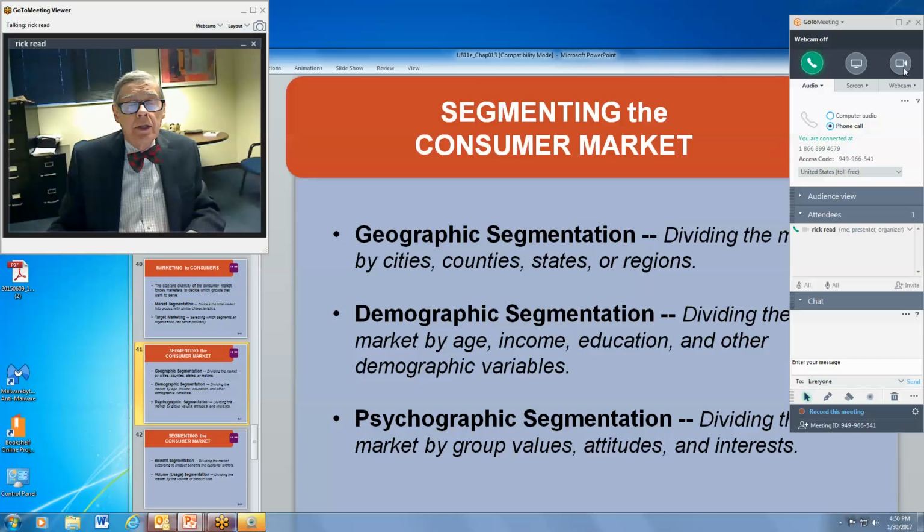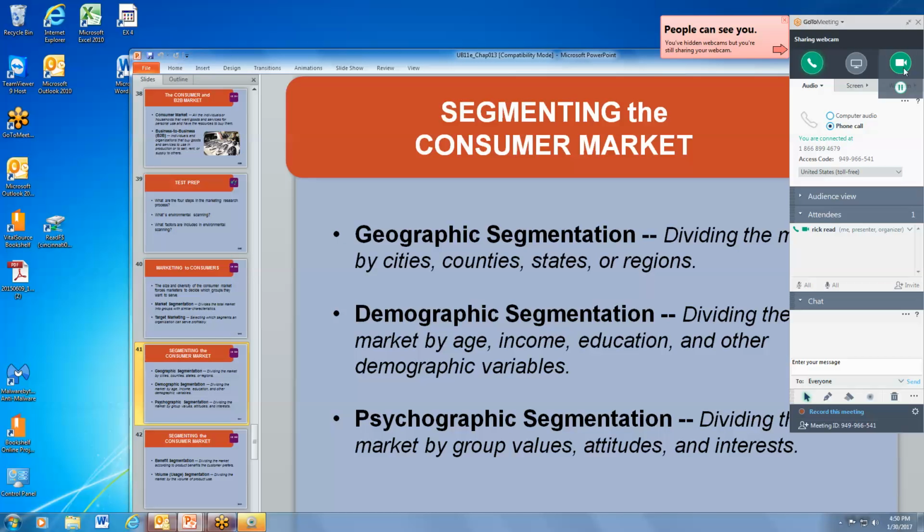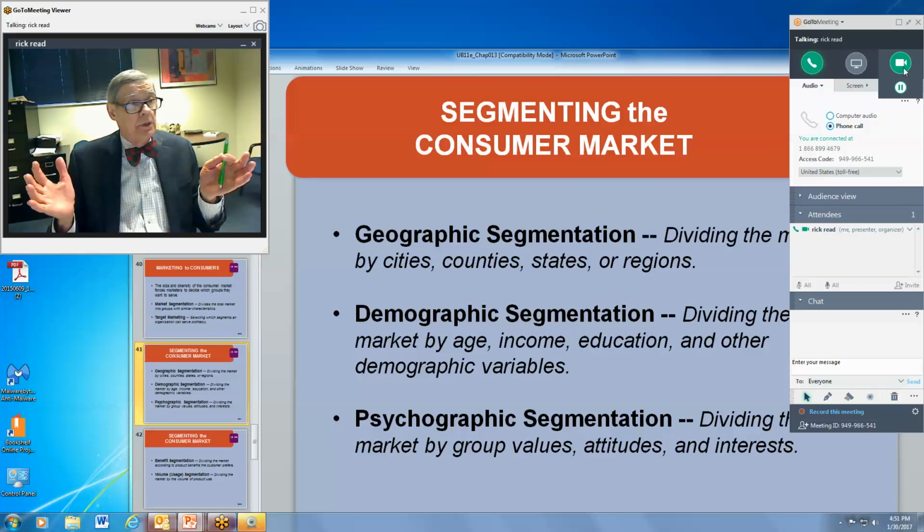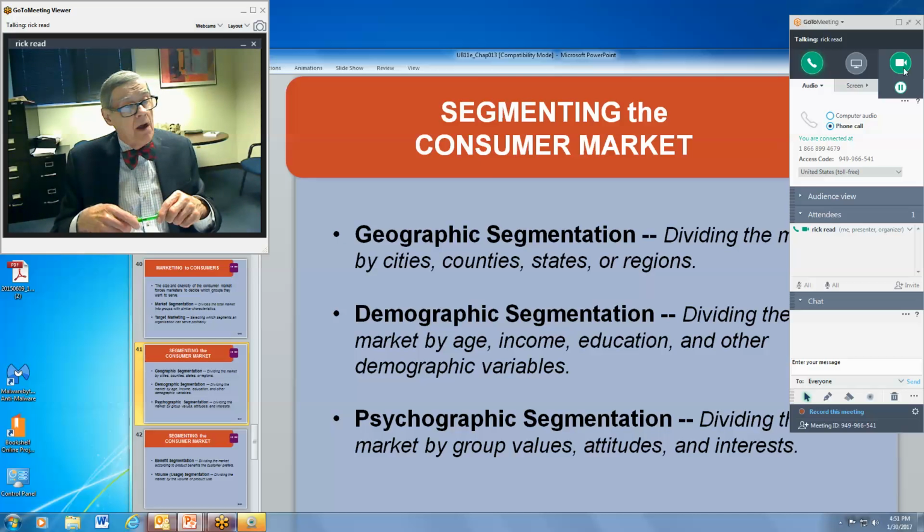Here's the way you segment the market. You can do it by geography. That's pretty simple. Territory, states, cities, etc. Demographics, that's breaking it down by age, by income, education, some other type of variable.